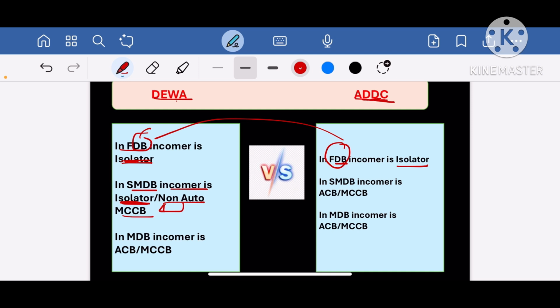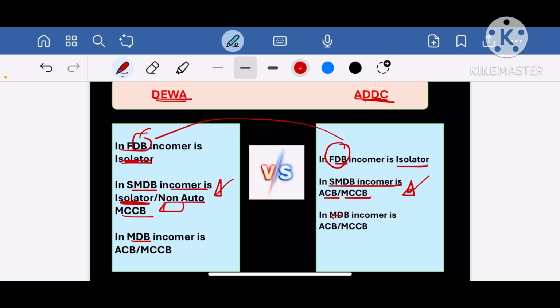But in case of ADDC, the incomer of SMDB must be either MCCB or ACB. So what is the difference? In DEWA, the incomer of SMDB must be isolator, but in case of ADDC, the incomer of SMDB must be any breaker.